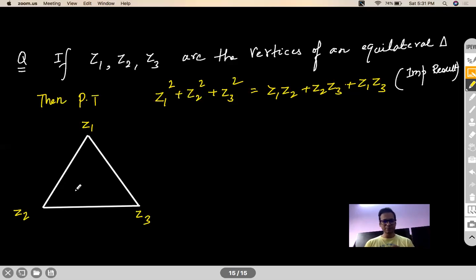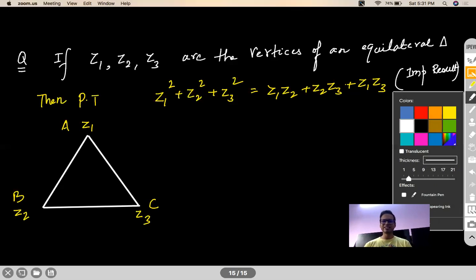Now I would request somebody to choose a vertex A, B, C. Which vertex do you want to choose? Anyone? Okay, Gayatri says vertex B, so she was the first one, so let me honor her.